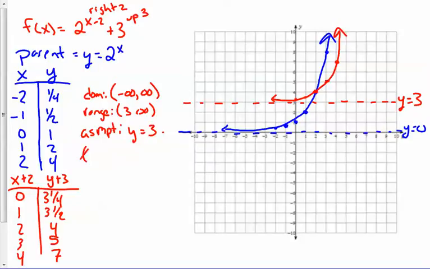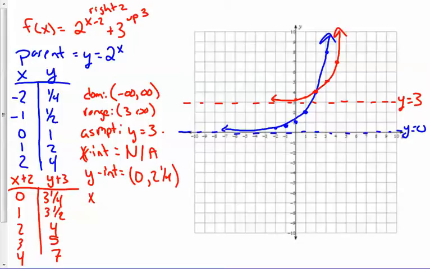The x-intercept does not exist. Our y-intercept looks like it was (0, 2 1/4). The x-intercept, we already talked about that, doesn't exist. Increasing.